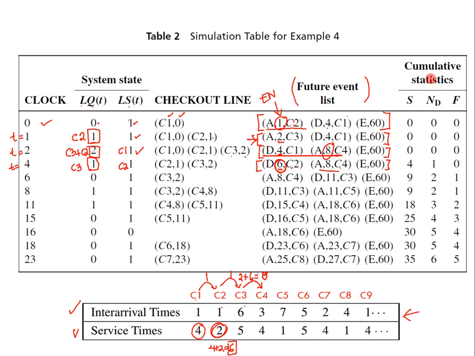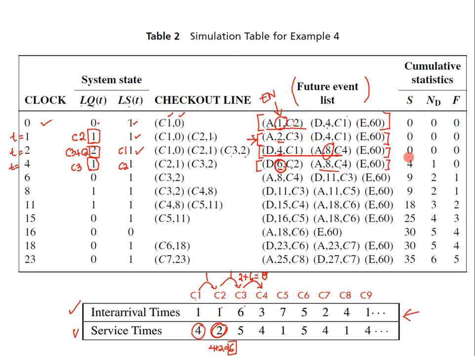Now you can see that our statistic has changed. We are updating our statistic right now. S is what? Who remembers S? The sum of the time spent by the customers in the system. Why do we update now?